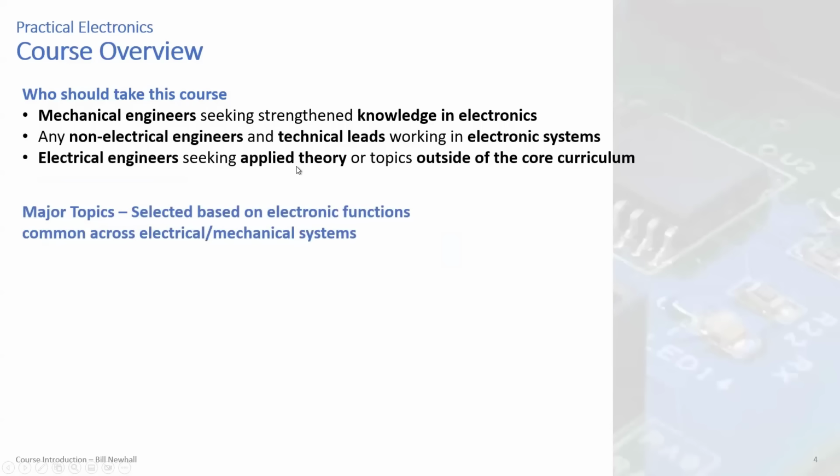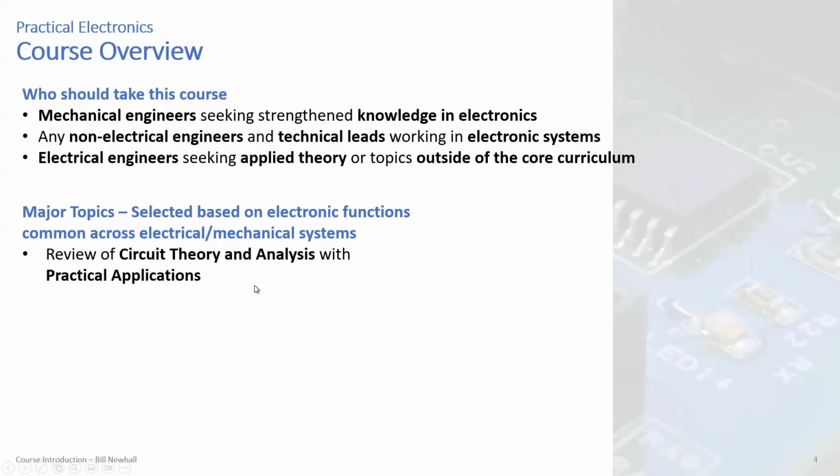The major topics I selected based on electronics functions that are common across electromechanical systems. So we're going to review circuit theory. We're going to start out the course spending maybe 3 lectures reviewing circuit theory and analysis.